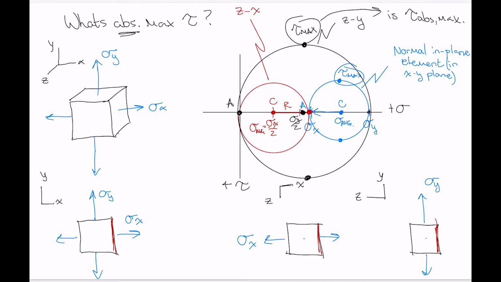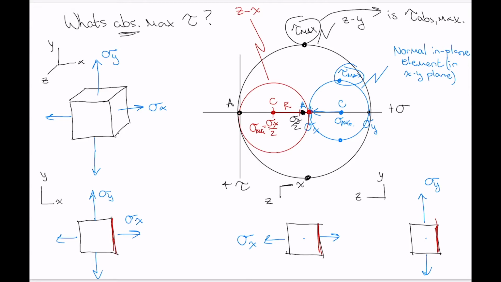And the answer is no. The absolute maximum shear stress is only larger than the maximum shear stress that you draw for your normal in-plane element when you've got a state of biaxial normal stress like you do in this element, where you have normal stresses in 2 different directions that are either both tensile or both compressive. And we'll talk about a situation where you find that in a moment.